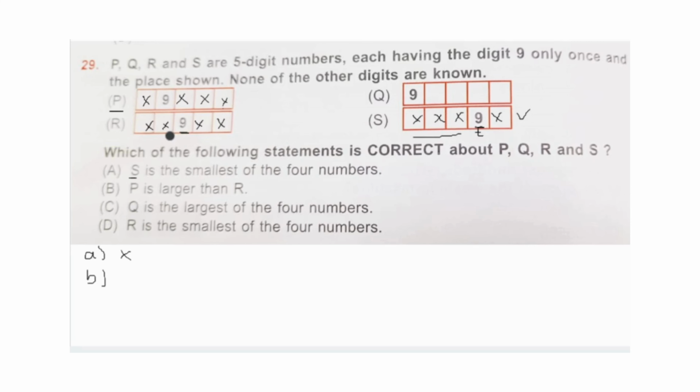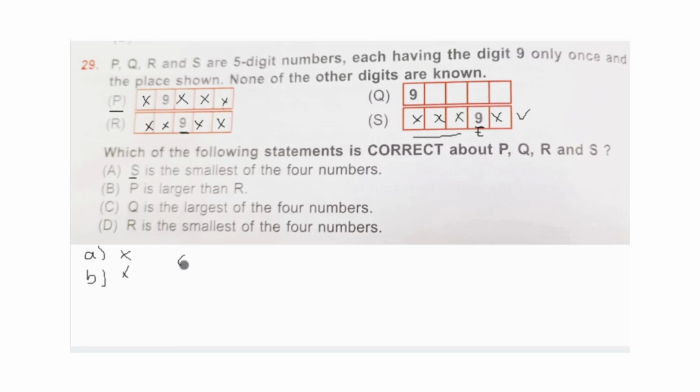But since we don't know the numbers, it's impossible for us to say if P is larger than R. There can be a different number that can show up in the beginning 2 letters of R that could make R bigger than P. So option B is also wrong.